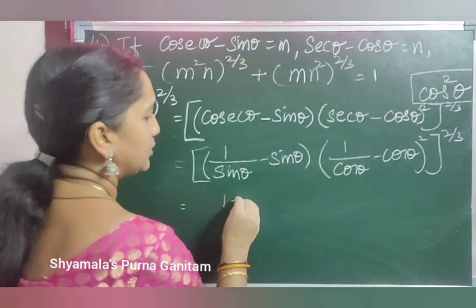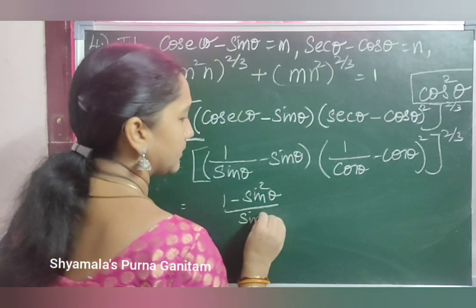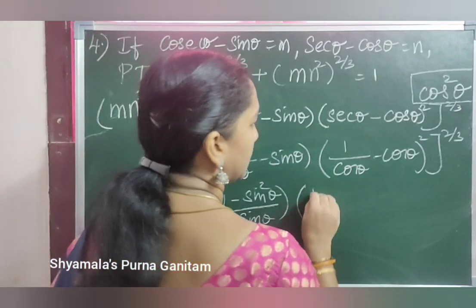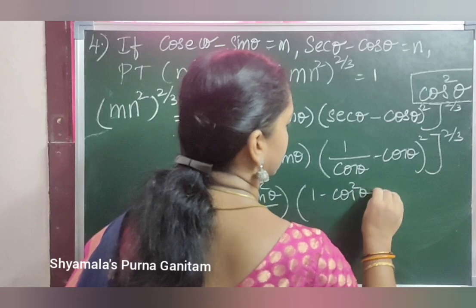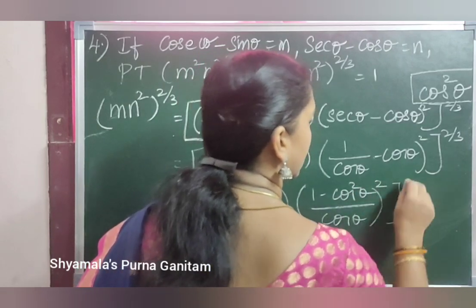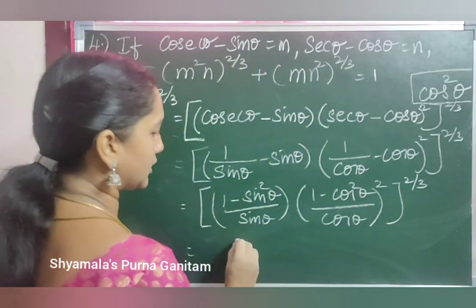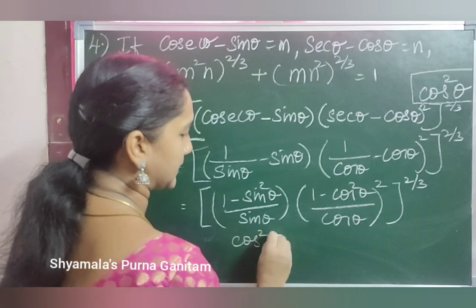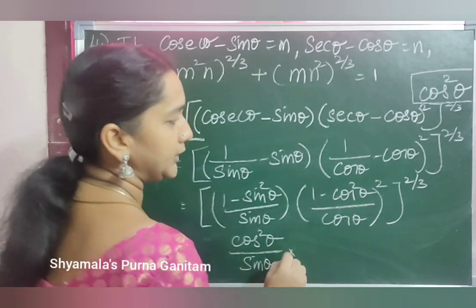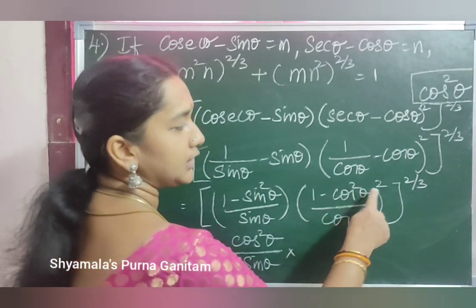So this one will be 1 minus sin squared theta by sin theta into 1 minus cos squared theta by cos theta whole square whole power 2 by 3. So 1 minus sin squared theta is cos squared theta by sin theta, into 1 minus cos squared theta is sin squared theta, the whole square.